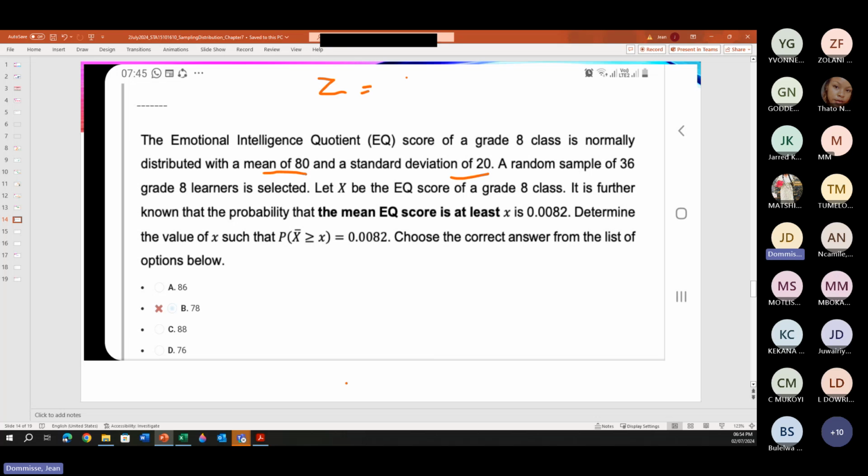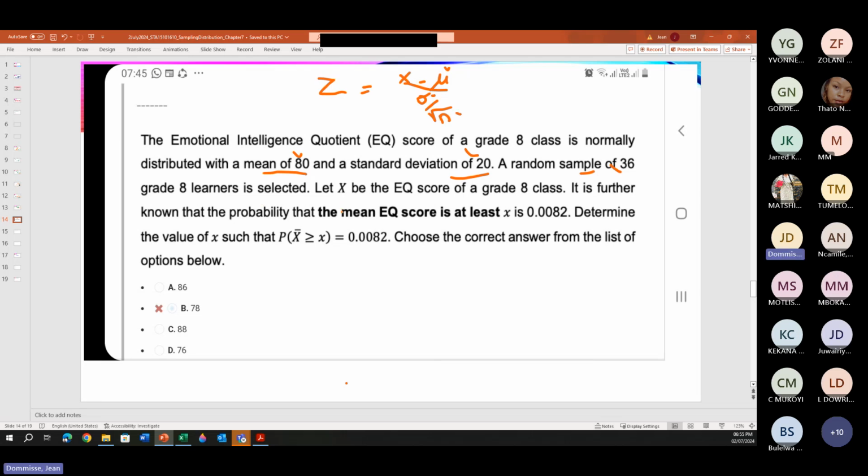So if we just look at that formula, they talk about samples, so we can automatically go into that. They tell us we've got the mean, got the standard deviation, so we've got the sample.